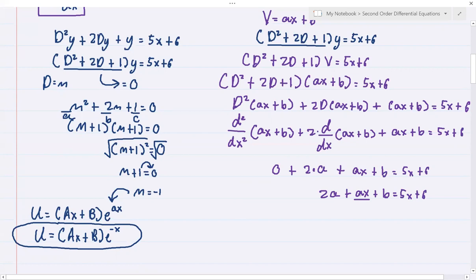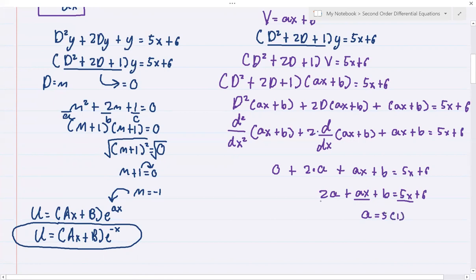Since this is the only term that has a variable x, do you think on the right side there's also a similar term for your ax? The answer is yes. We have your 5x. So we will have ax is equal to 5x. Since we have x on both sides, we can cancel them out. So we will have a is equal to 5. And that would be your first equation.